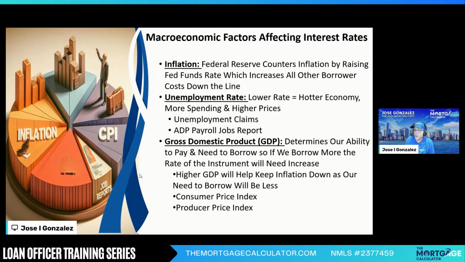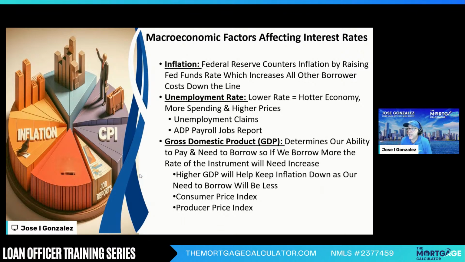Whenever you come in lower than the estimate, like if there had been more unemployment claims than estimated, the rationale would have been, okay, the economy's slowing down, less people have jobs because more people are filing unemployment claims. In this case, the unemployment claims declined. The rationale, whether it's true or not, is that there's less people applying for unemployment because now they're working. Now, it could be that they're no longer looking for work, but the main thing they look at in this report is that it could be that they're working now, and that's why you have less unemployment claims.